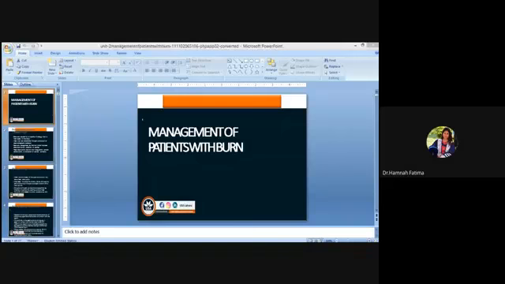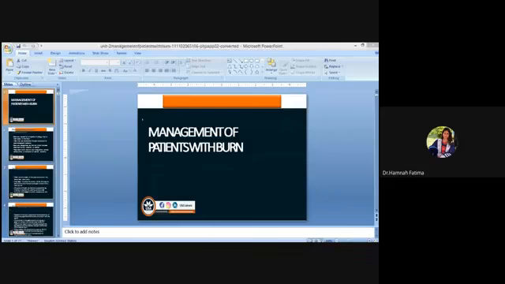Partial thickness or full thickness burns totaling greater than 20% of total body surface area in other age groups. If partial thickness or full thickness burn is 10% in any patient under 10 years or over 50 years, so that is categorized as severe burn injury.